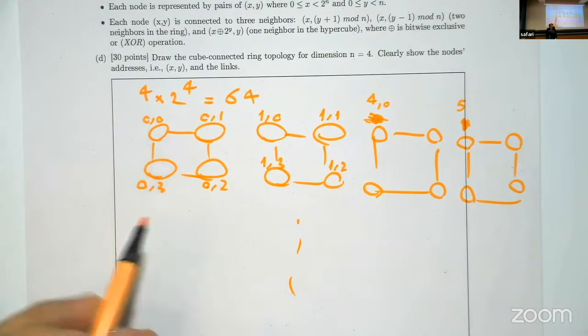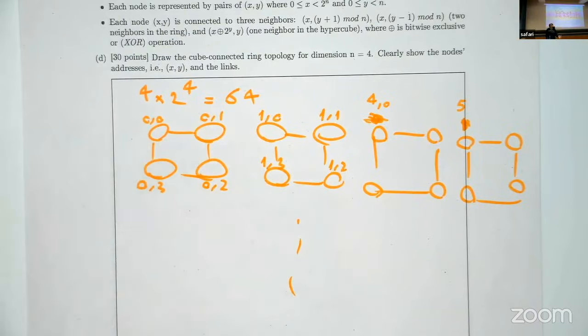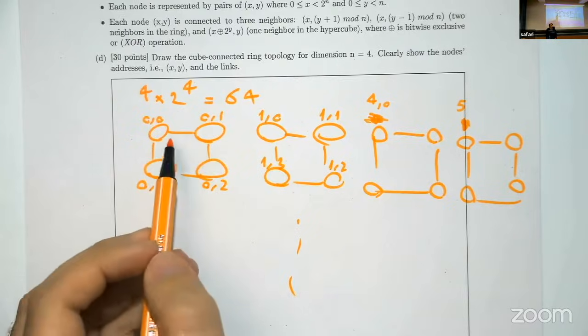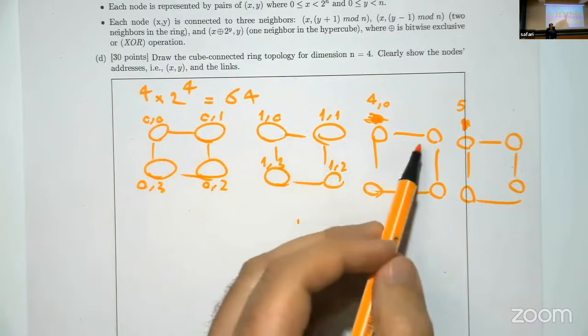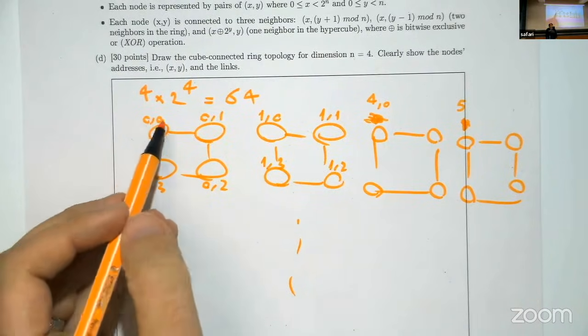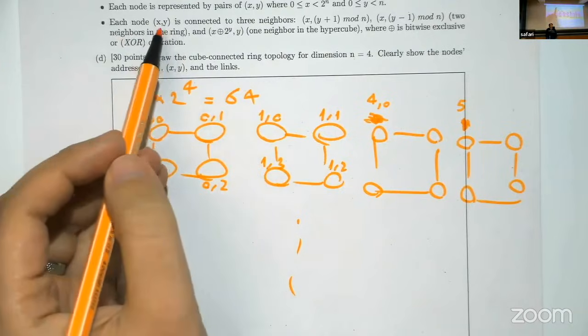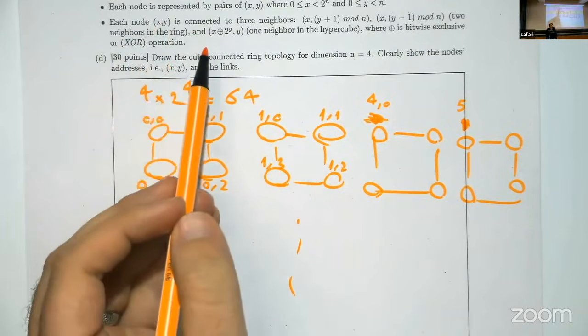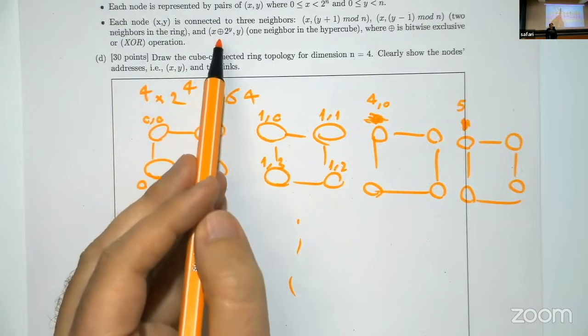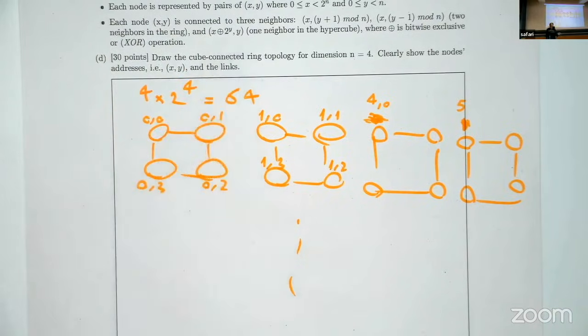In the cube-connected ring, each node has 3 neighbors. We already showed the 2 neighbors, but there is also another neighbor which is in the hypercube. For (0, 0), which is x and y, the 3rd neighbor is 0 XOR 2 to the power 0, which is 0 XOR 1.